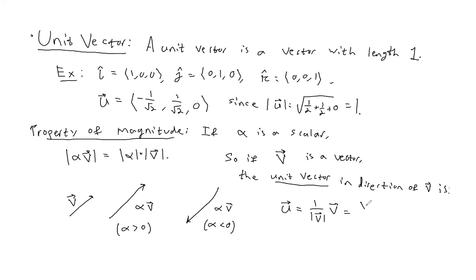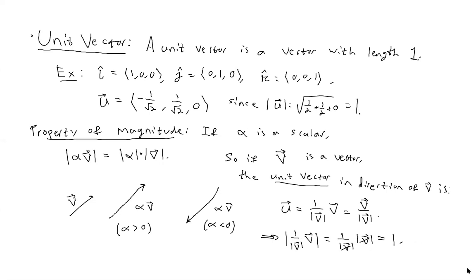Sometimes you see this written as v over the magnitude of v. If you're not convinced that's a unit vector, just apply this property. The magnitude of 1 over the magnitude of v times v is 1 over the magnitude of v, because that's a positive number, times the magnitude of v. Well, that's very obviously 1. Just cancel them.